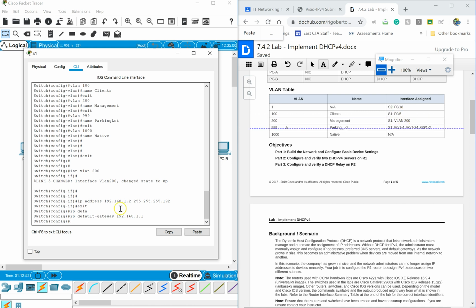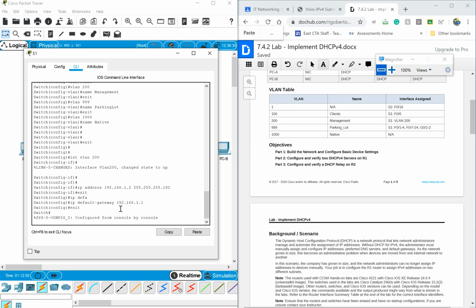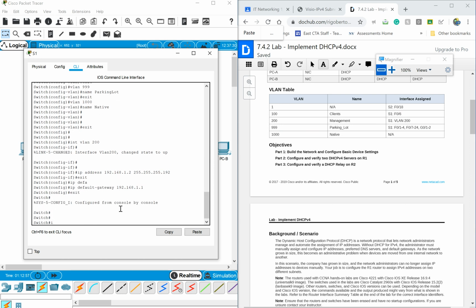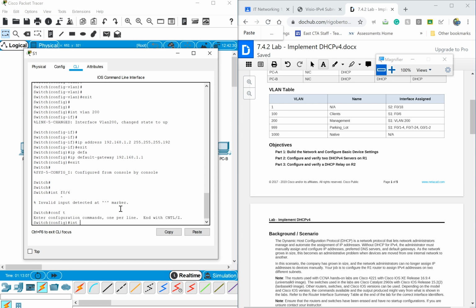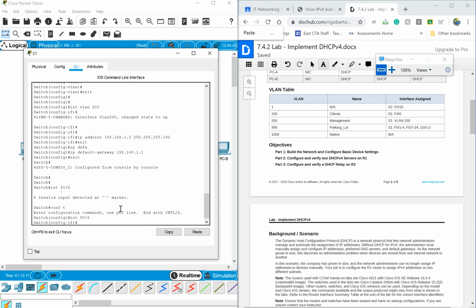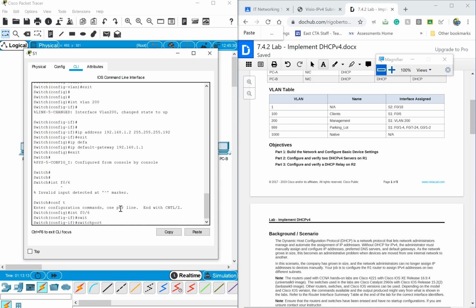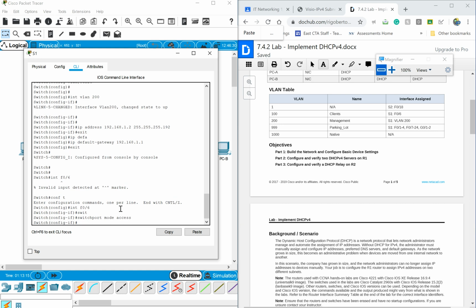But we have F0/6, so exit. Let's see, interface F0/6. Enter. No, because I'm not in the right command mode. Conf t. Interface F0/6. Right. We need to do switchport mode access.